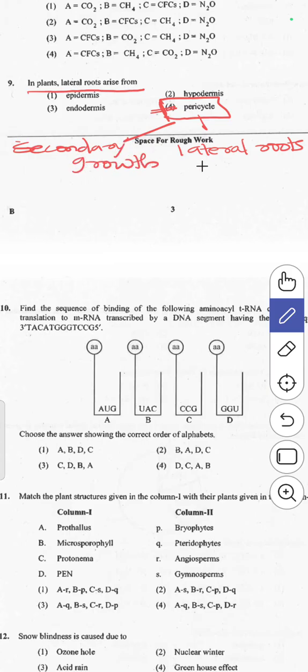Again, this secondary growth concept has been removed. So for this question, in plants lateral roots arise from the pericycle. So the fourth one is the right answer. Then next question.